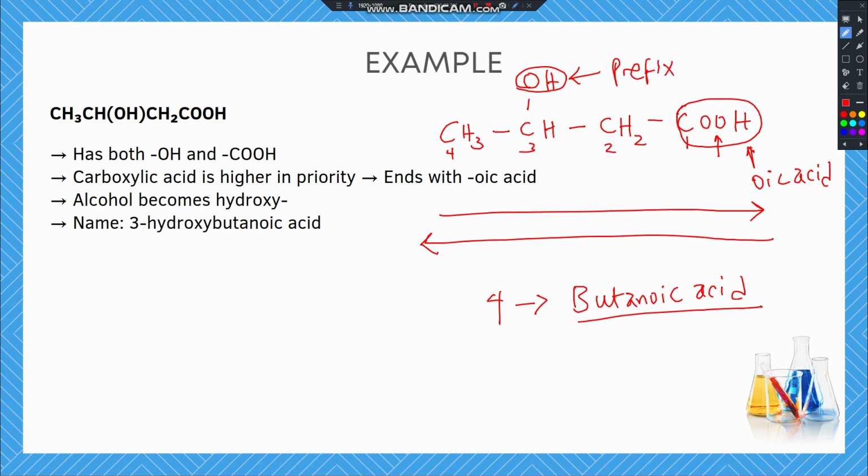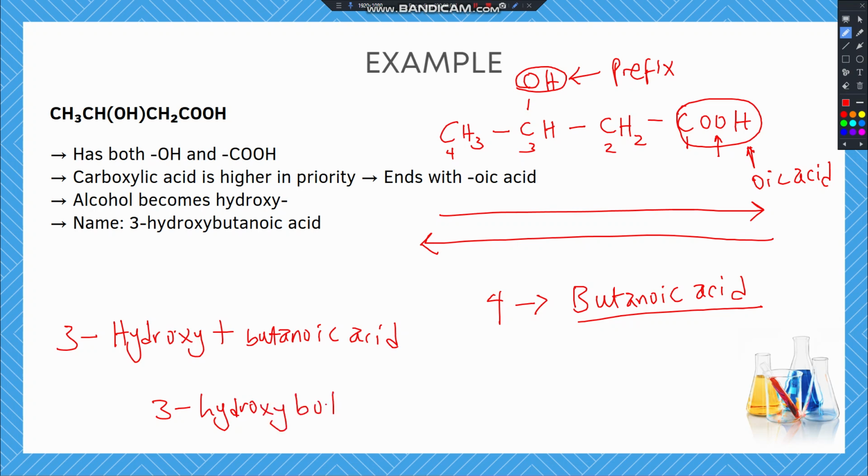To treat it as a prefix, it is on carbon number 3 and its prefix name is hydroxy. So we have 3-hydroxy plus butanoic acid. So altogether we have 3-hydroxybutanoic acid. That's the name of this compound over here.